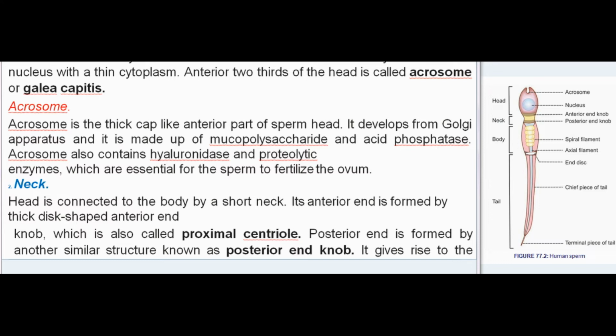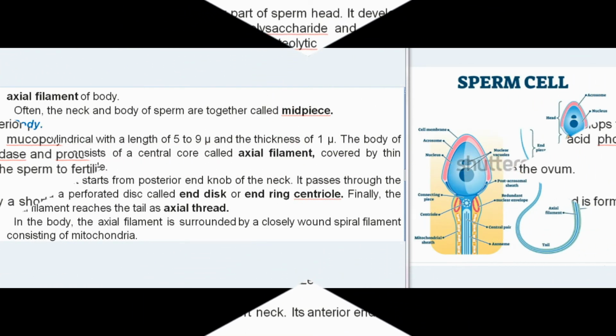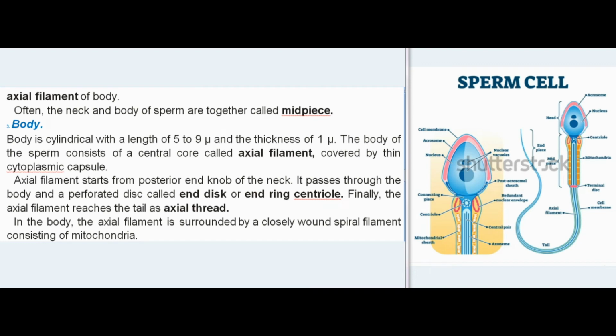Its anterior end is formed by thick disc-shaped anterior end knob, which is also called proximal centriole. Posterior end is formed by another similar structure known as posterior end knob. It gives rise to the axial filament of body. Often, the neck and body of sperm are together called midpiece.